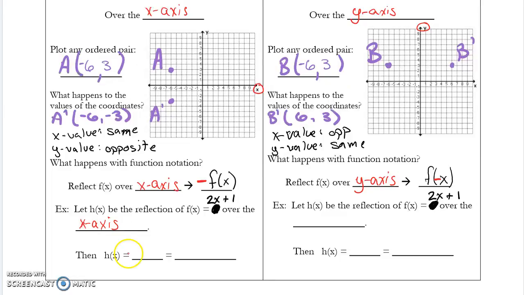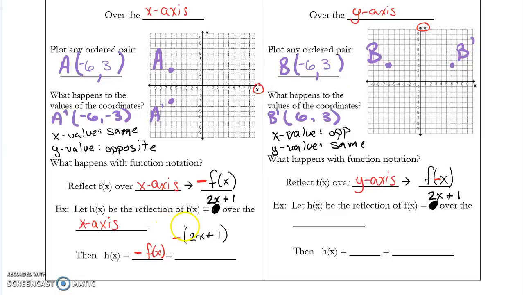Now, h of x is going to be equal to the opposite of f of x. This is where you have to be careful. This is going to be 2 steps. f of x is 2x plus 1, but I need the opposite of that. So I'm going to put this in parentheses. I want the opposite of the whole thing.